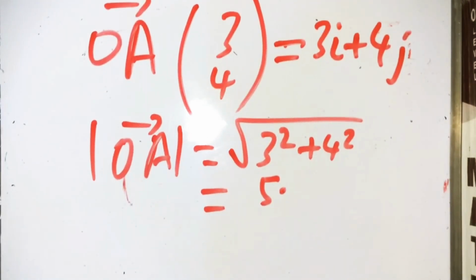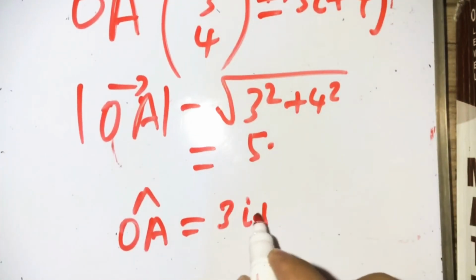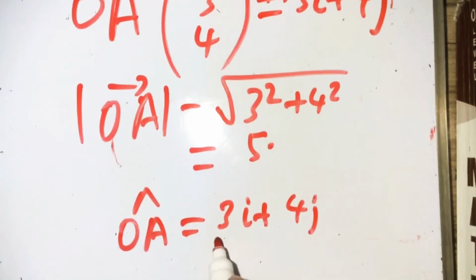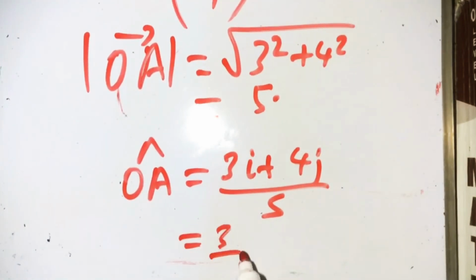Now the unit vector of OA will be equal to (3i plus 4j) upon 5. This can also be written as 3 upon 5 i plus 4 upon 5 j.